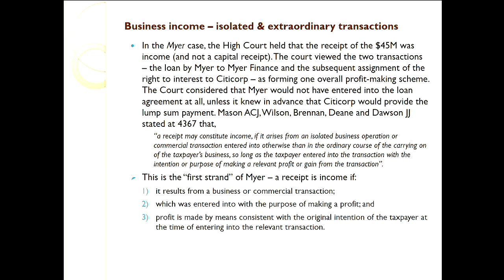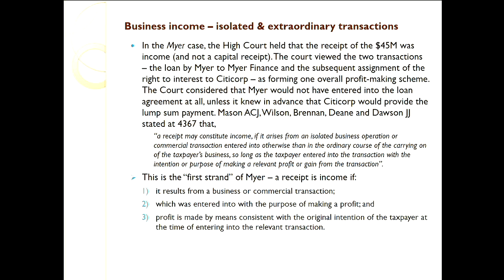Now, also just note the actual words of the judges. They're saying a receipt could be income even though it arises out of an isolated business transaction, if it's entered into with the purpose of making profit.